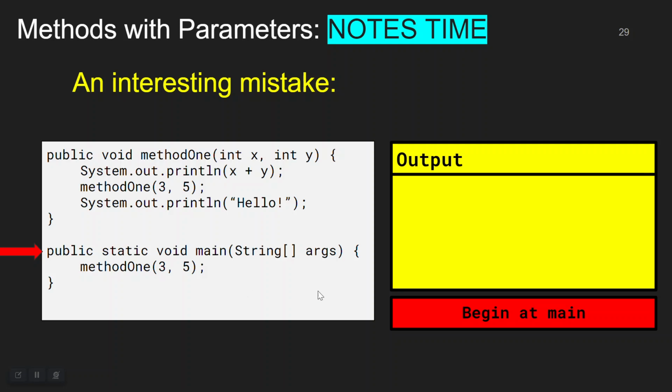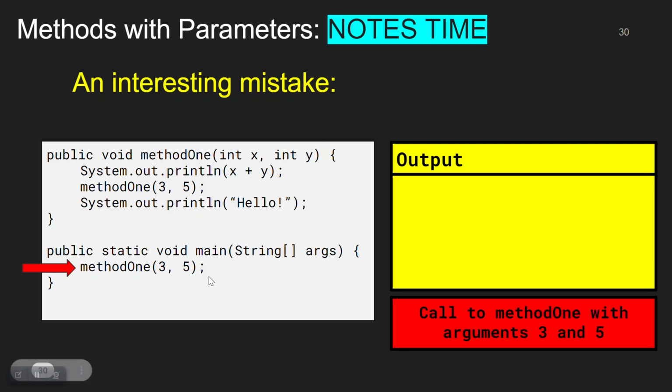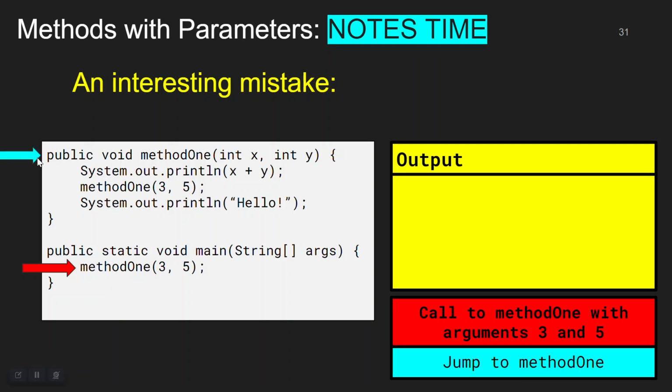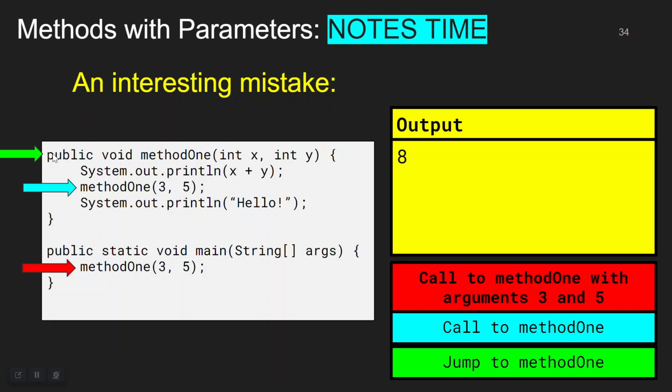So we begin at main just like always, and now we need to call method 1 with arguments 3 and 5. So we jump up here to method 1, we pass in 3 and 5. So now we're going to print 8, and now it says call method 1 with 3, 5. So like we did before, we need to jump back up to the top and call method 1 once again with 3 and 5 as our arguments.